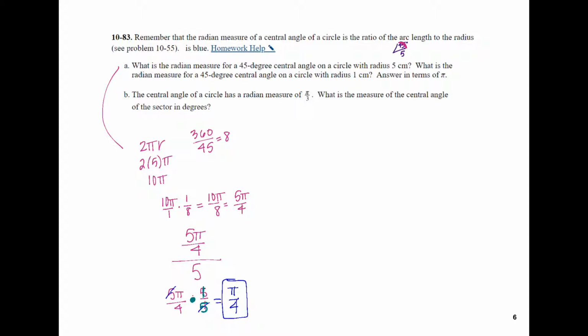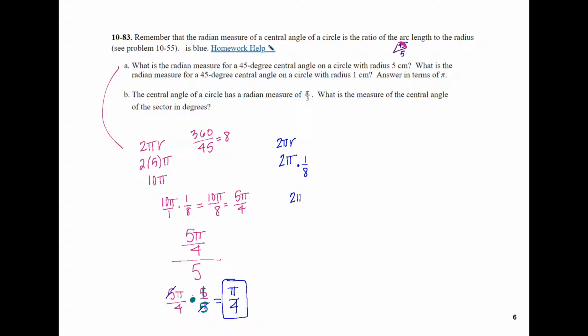So likewise, we can do the same thing for a circle with a central angle of 45 and a radius of 1. So 2 pi r, we get 2 pi. Our central angle is 45 degrees, so we want to multiply that by 1/8, or divide 2 pi by 8.